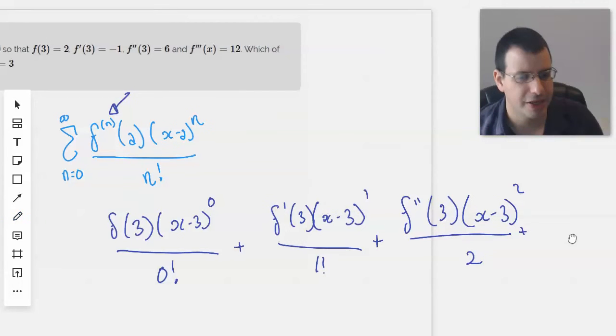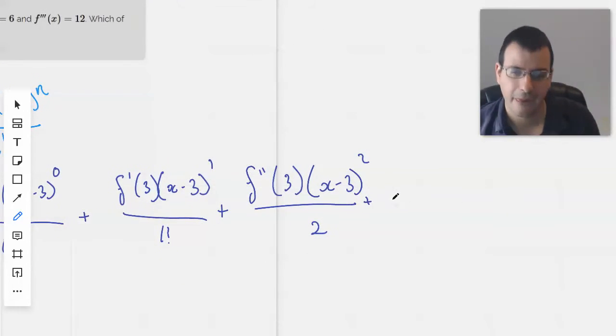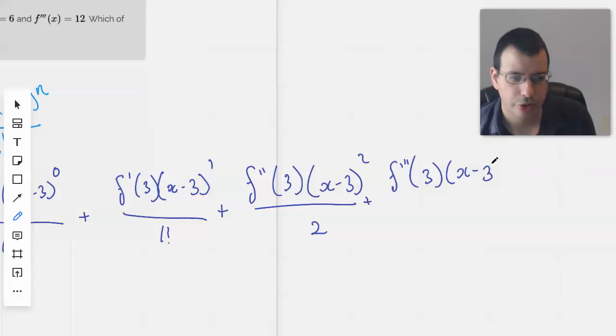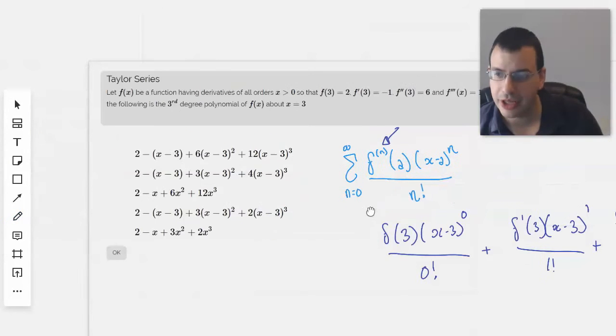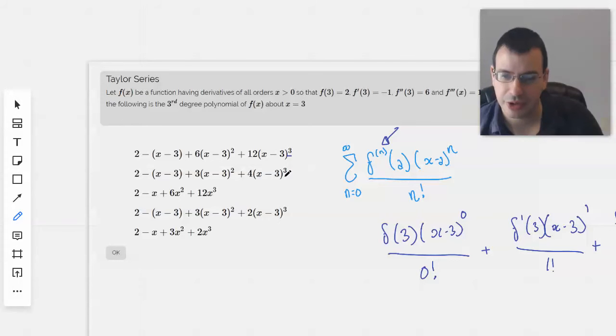I wonder how big it can get. All right, almost done. So we wanted a third degree. Yep, because it looks like everything goes up to 3. And there we go.